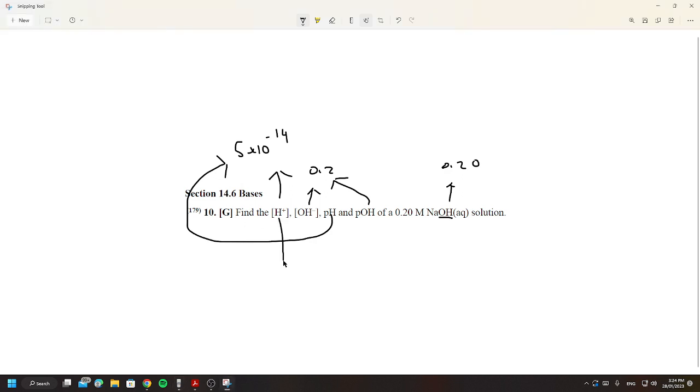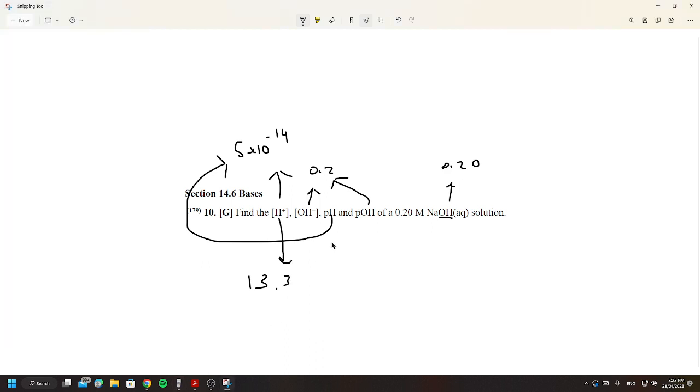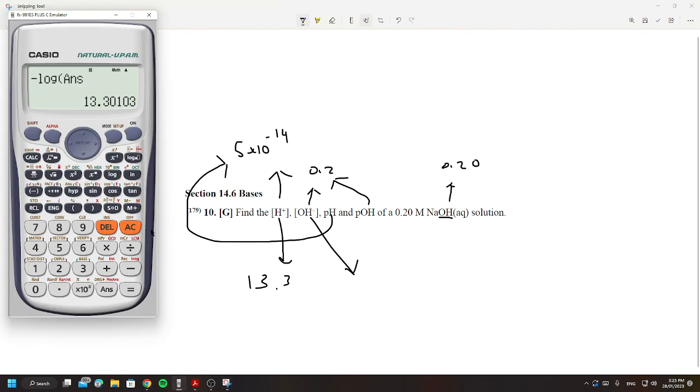So the pH is 13.3, yeah, 13.3. And the pOH: negative log 0.2 is 0.69, so it is 0.7.